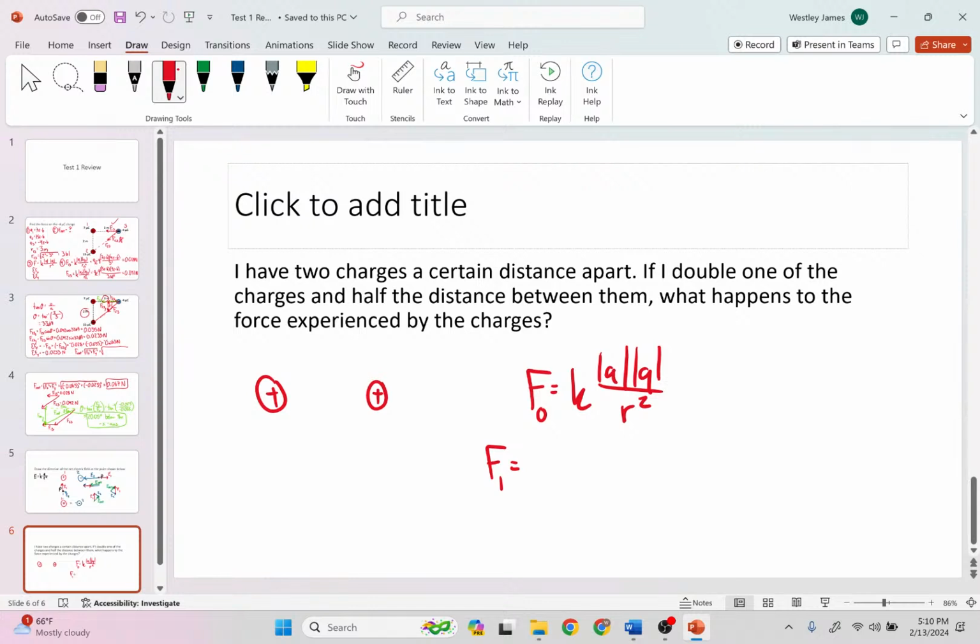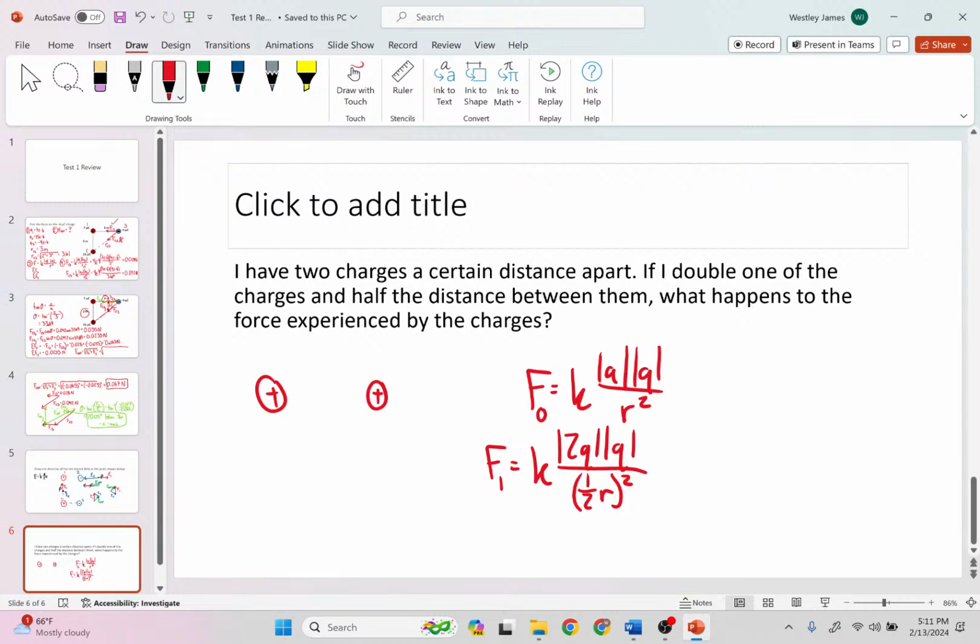So this is my original. My new force, K is always K. One of my charges is doubling, so I put a 2 in front of it. The other charge stays the same. And you have to be very careful with this equation. The bottom is squared. Whatever you do to the bottom also needs to be squared.